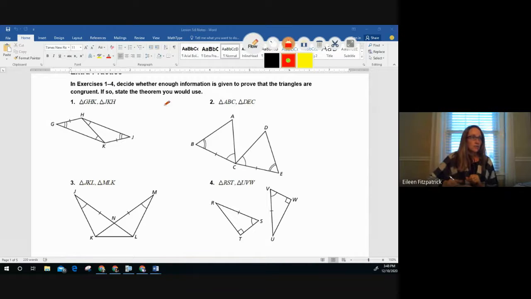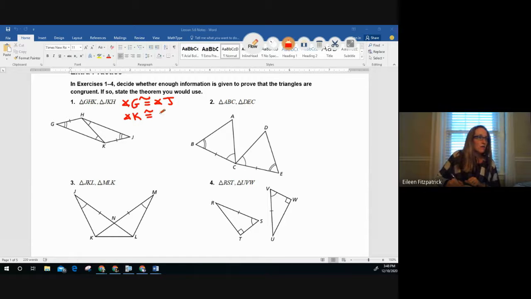Based on the markings, angle G is congruent to angle J, angle K is congruent to angle H, and side HG is congruent to side KJ. So I have two angles and a side, and the side is the non-included side, not the side in between the two angles. So I have angle, angle, side.